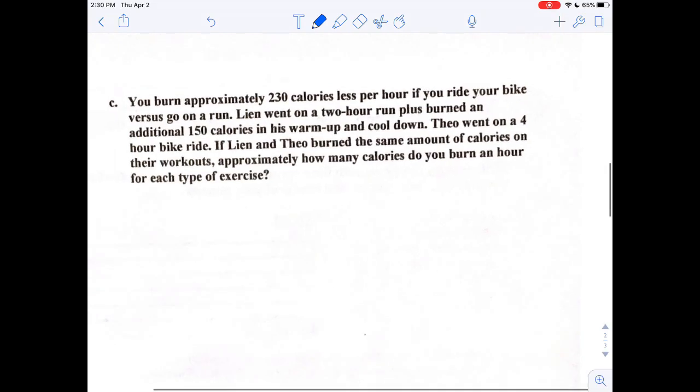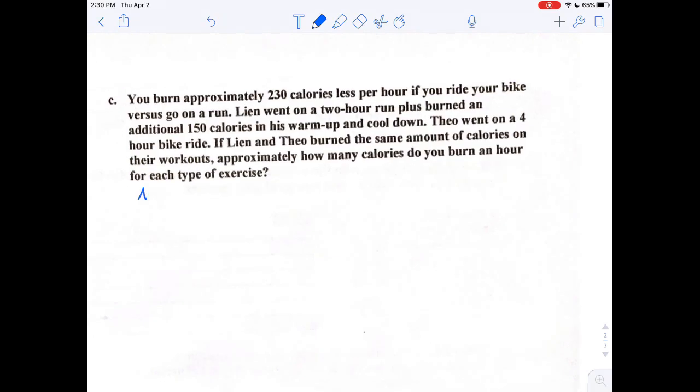Well, let's break down where I'm going to make my variable. And I know the number of calories is going to be one of those parts. I'm going to use the variable C for calories. Now, some of those exercises, calories for biking. Well, it's calories 230 less than riding the bike.